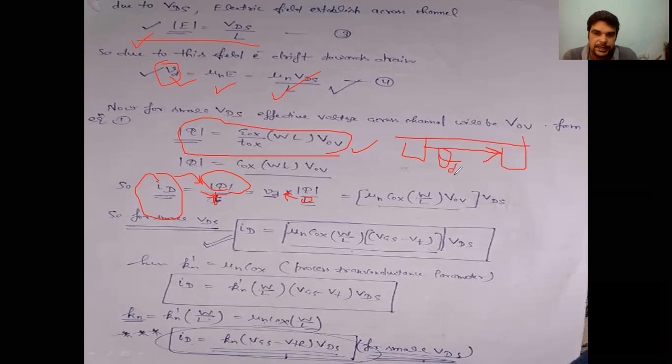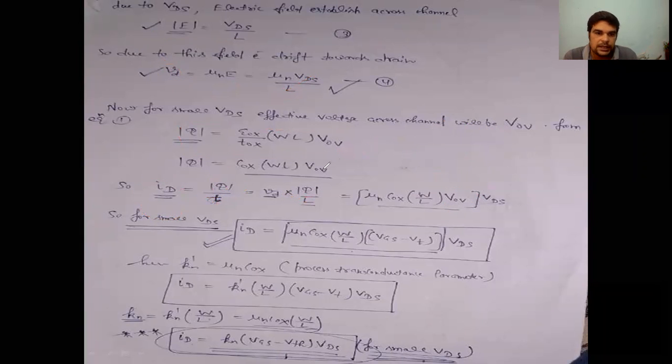This is the average speed, and this is the length of the channel. So what will be the time taken by an electron to come from source to drain? That will be L upon Vd, the average time. So we have T equals L upon Vd. If I put these values, I will get this. So for a small VDS, the drain current is mu n COX W upon L.